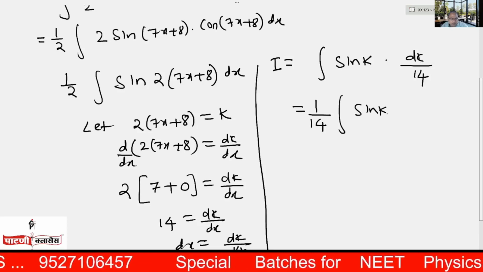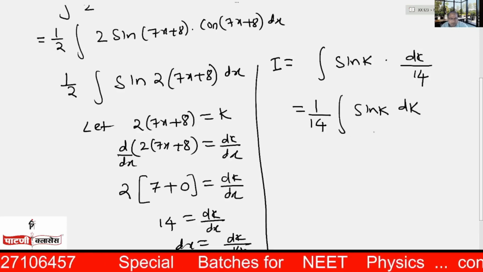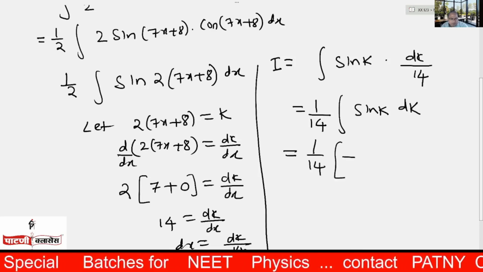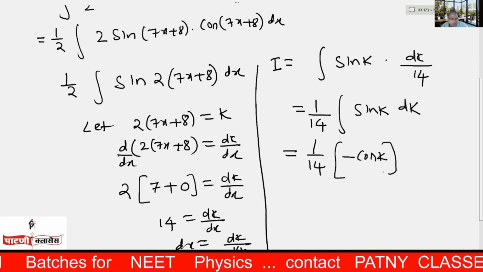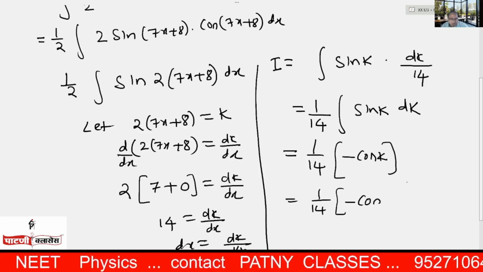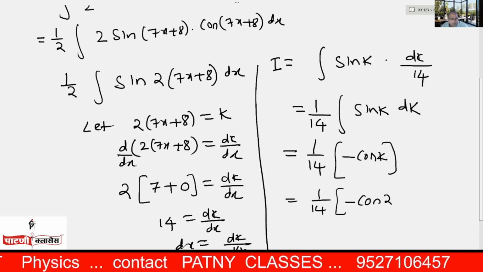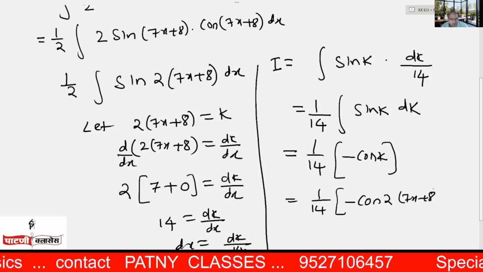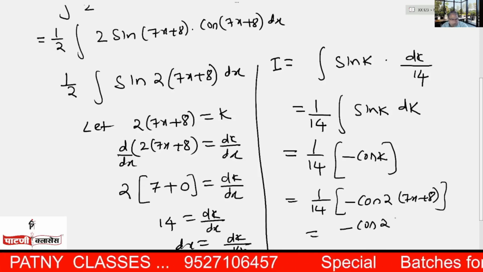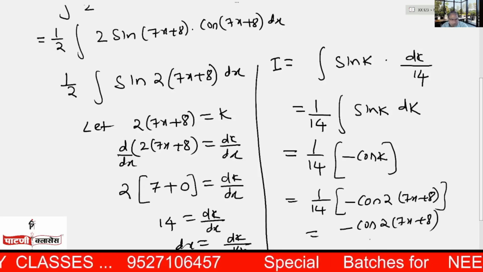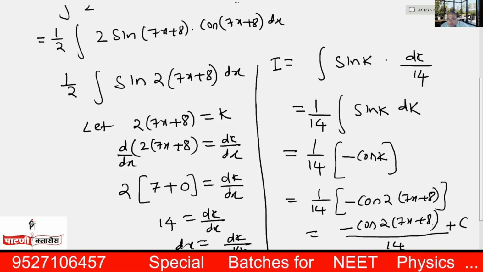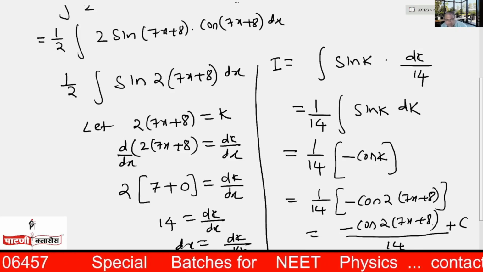The integration of sine k with respect to k is minus cos k, so 1 upon 14 times minus cos k. Back substitution, that is putting back the k value: k is 2 into 7x plus 8. So the final answer is minus cos of 2 times 7x plus 8 upon 14 plus c. This is the solution of the given example.